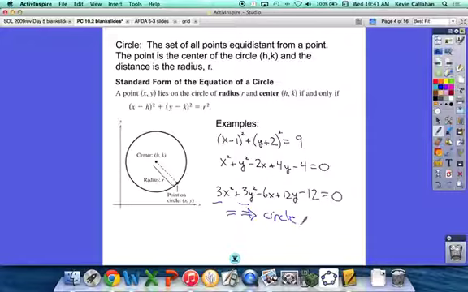Now, when we get to a parabola, what do we know about the squared terms for a parabola? If you had to define it, a parabola is the shape of a quadratic. Give me an example of a quadratic.